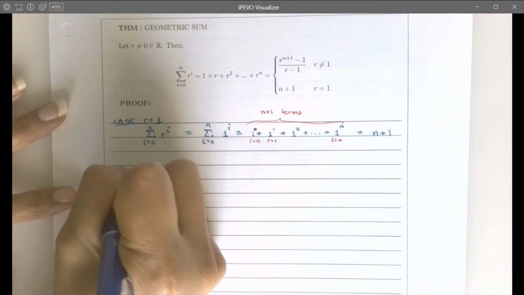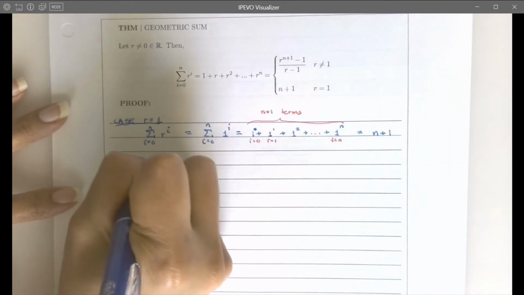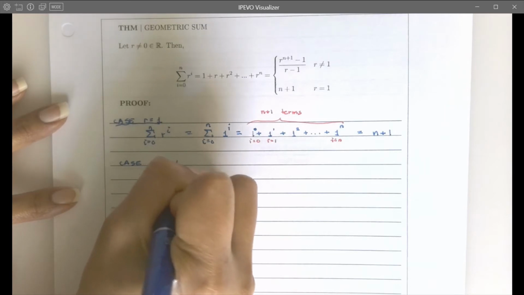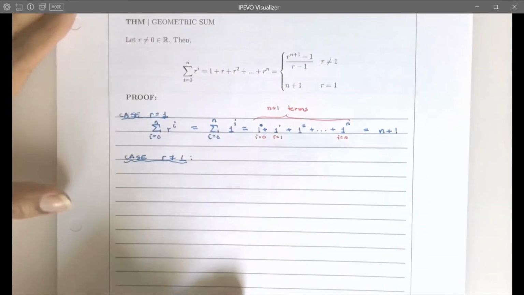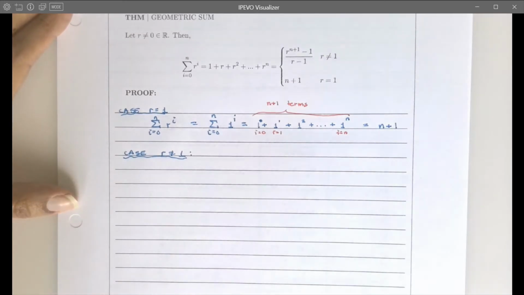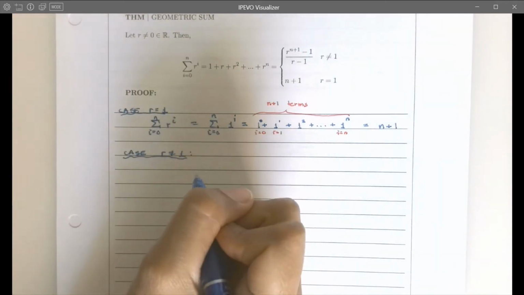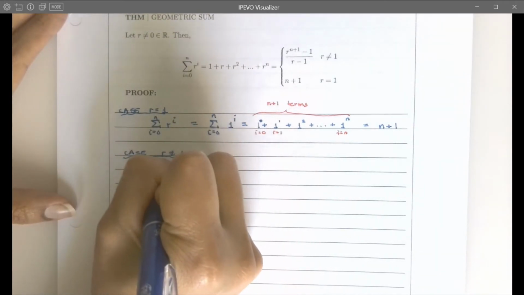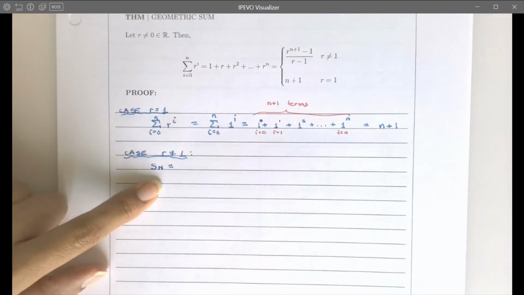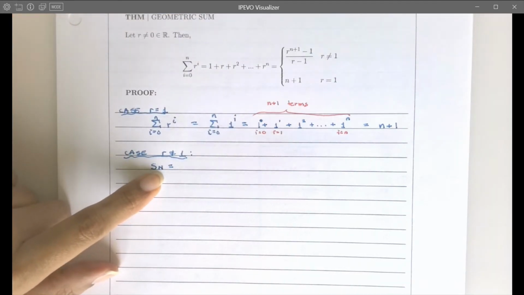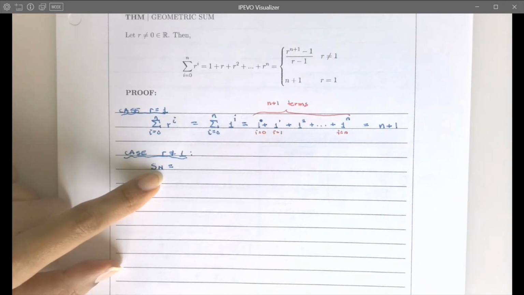Let's look at the second case. That is the case when R is not equal to 1. What happens then? What I'm going to do right now is define what is called a partial sum. The way a partial sum works is we write S sub n, where n, or in this case capital N, denotes the ending index of the sum.